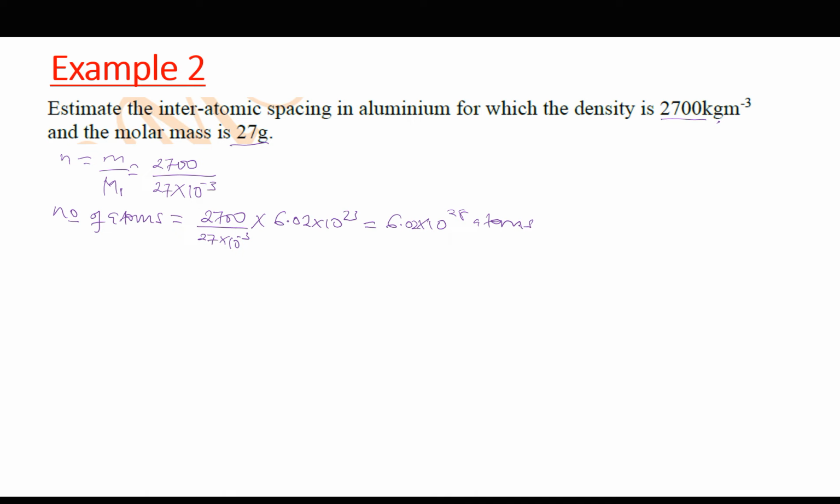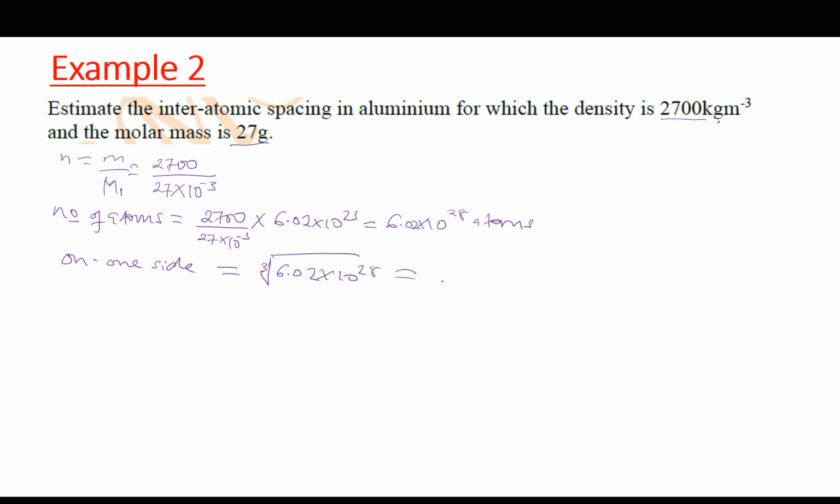Therefore, on one side of the cube, we are finding the estimated number of atoms on one side. On one side, the number of atoms will be the cube root of 6.02 times 10 power 28.